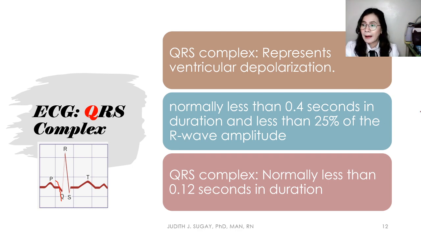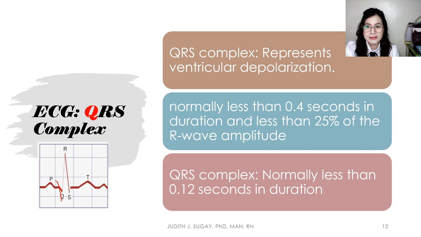For the QRS complex, again, here we have 0.12 seconds in duration. The Q wave is the first negative deflection after the P wave.